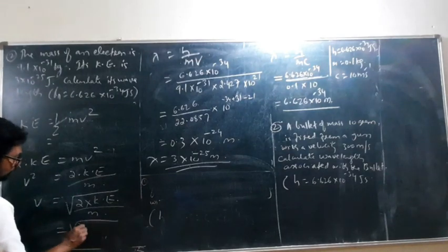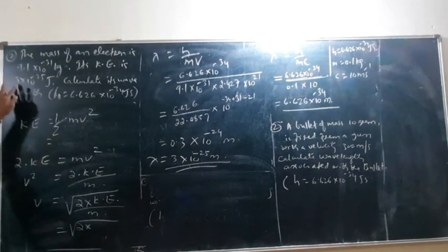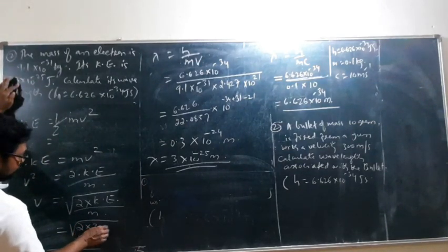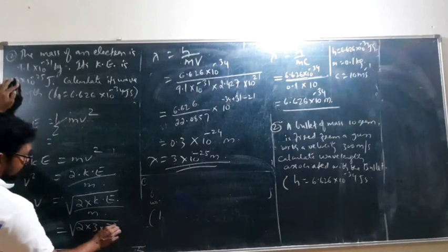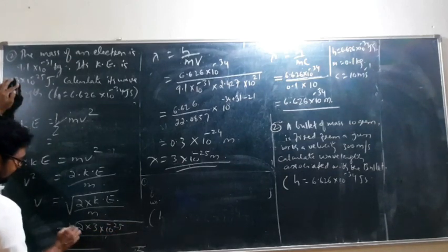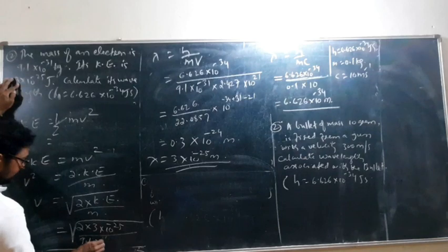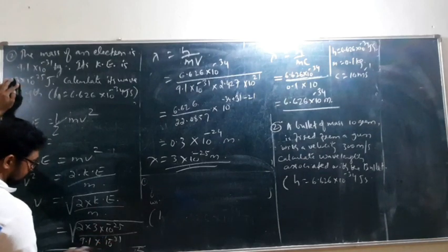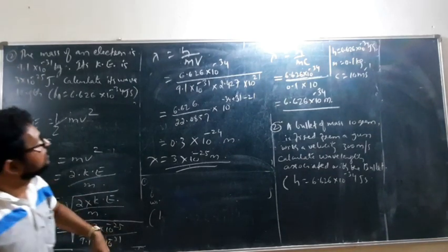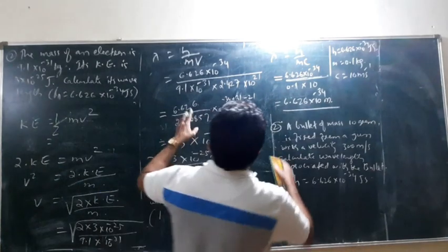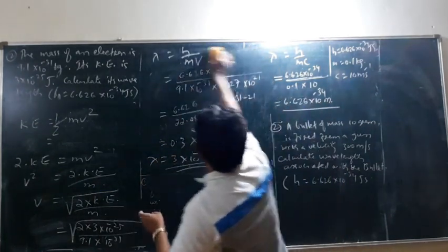So square root of 2 into kinetic energy, 3 into 10 to the power minus 25, divided by 9.1 into 10 raised to minus 31. See, there is a mistake we did in this part.